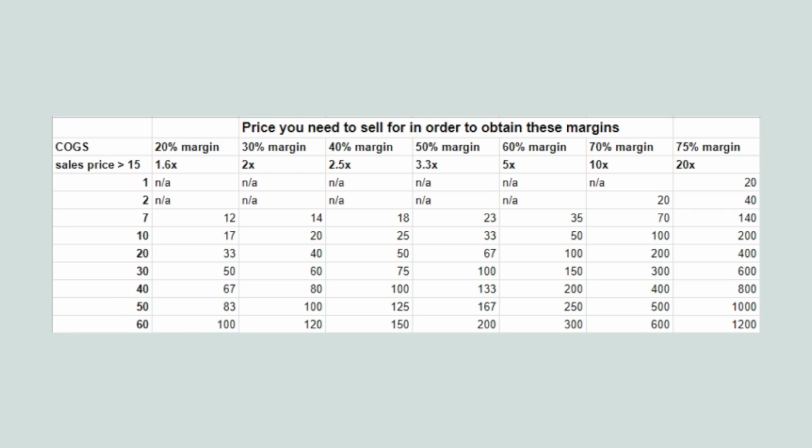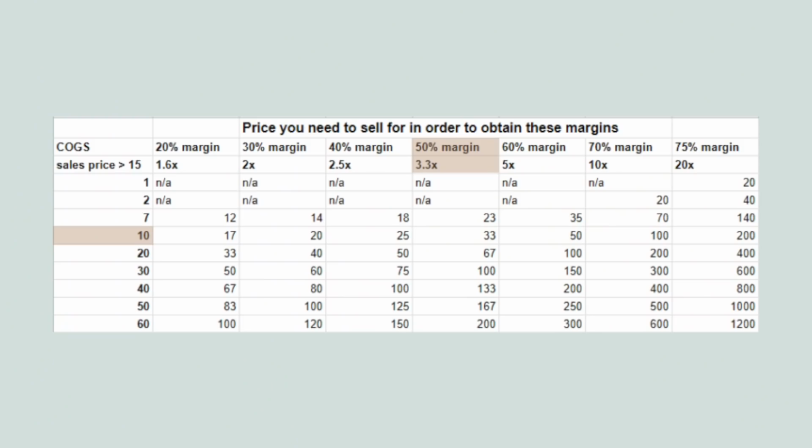Say I'm looking to maintain at least a 50% gross profit margin. I would then look at the 50% margin column and see the multiplier of 3.3 times. That means that for any, and I mean any item that I come across, all I need to do is simply look at the cost of goods and multiply it by 3.3 in order to get the price that I would need to sell it for in order to achieve that margin.